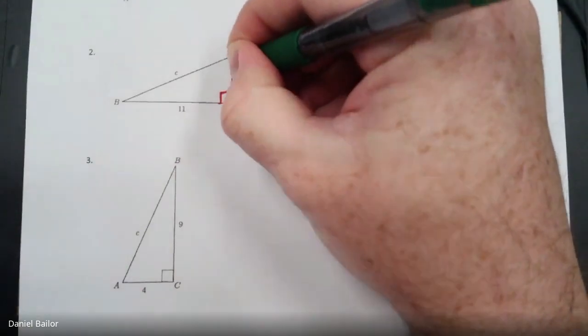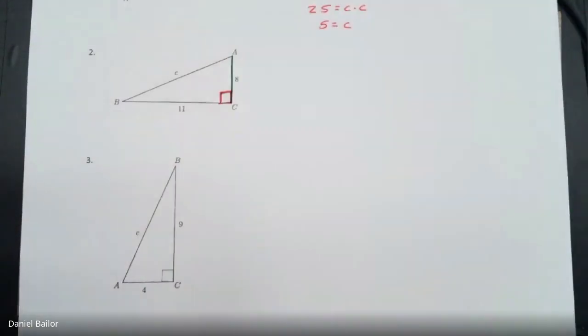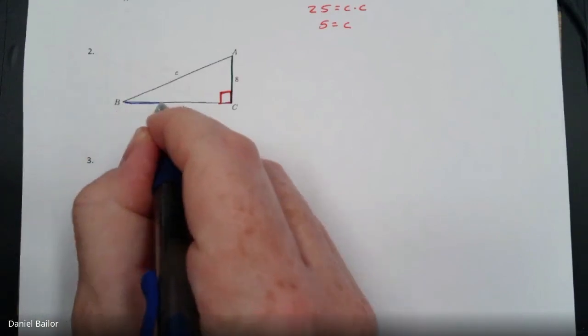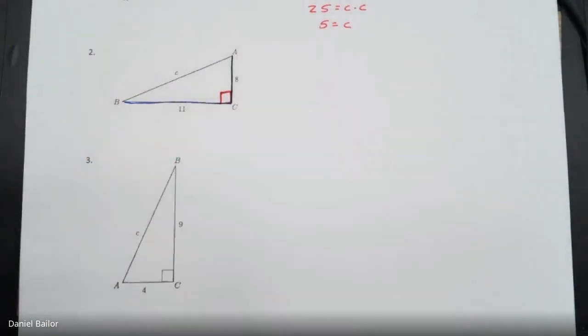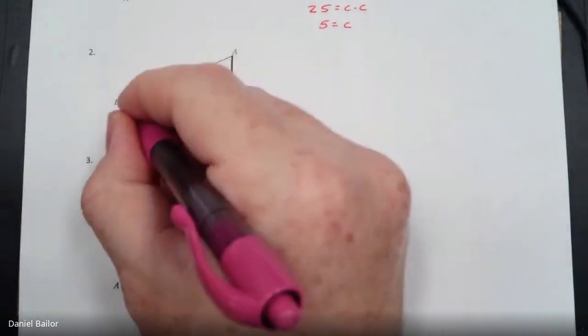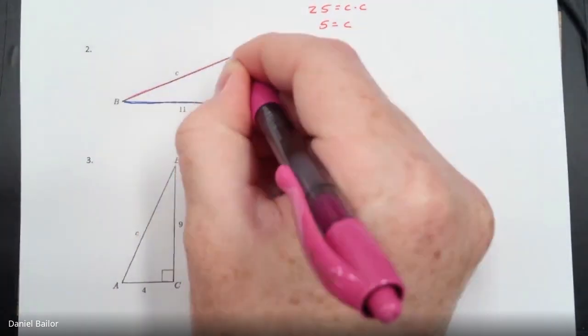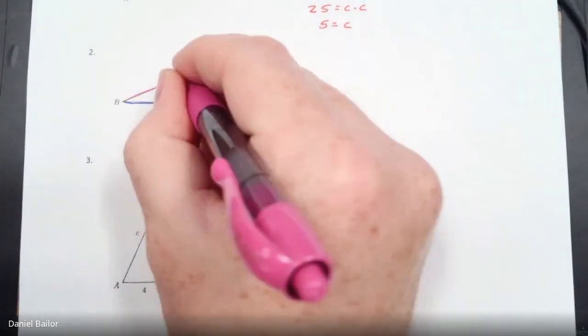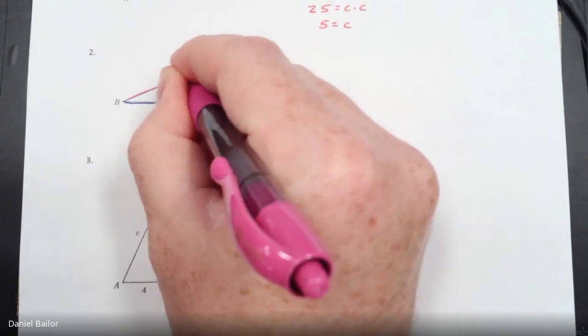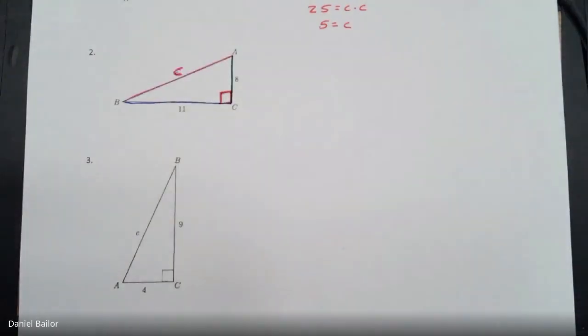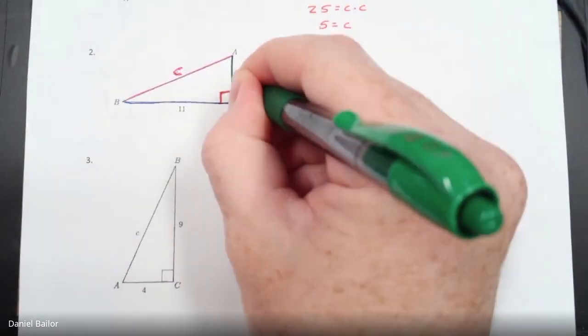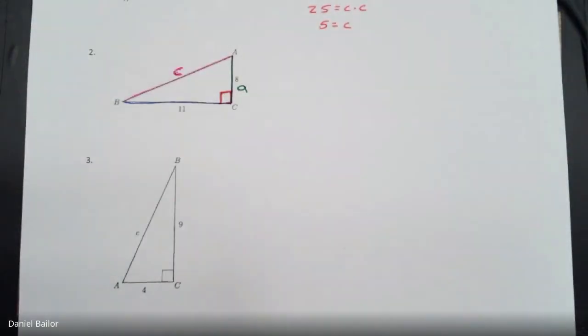Here's a leg because it's connected to the right angle. And here is a leg because it's connected to the right angle. And the hypotenuse is opposite from the right angle. So the hypotenuse is going to be C. And our legs that are connected to the right angle are A and B.